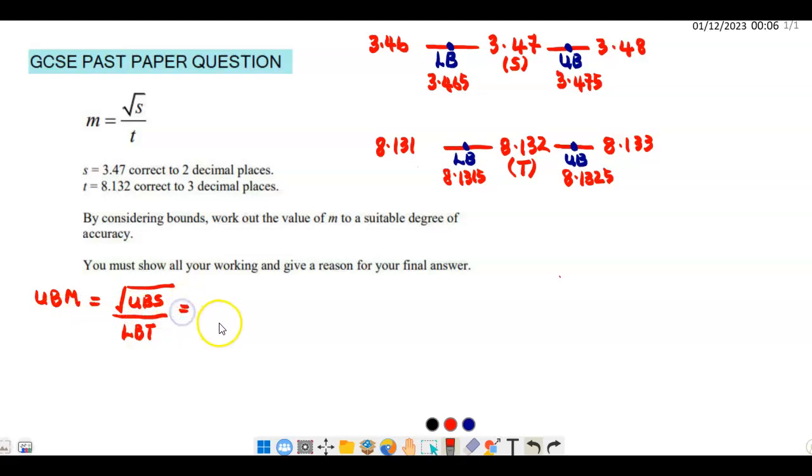So let us input these in the calculator. So what we have there is a root of the upper bound s as 3.475 over the lower bound t, which is 8.1315.